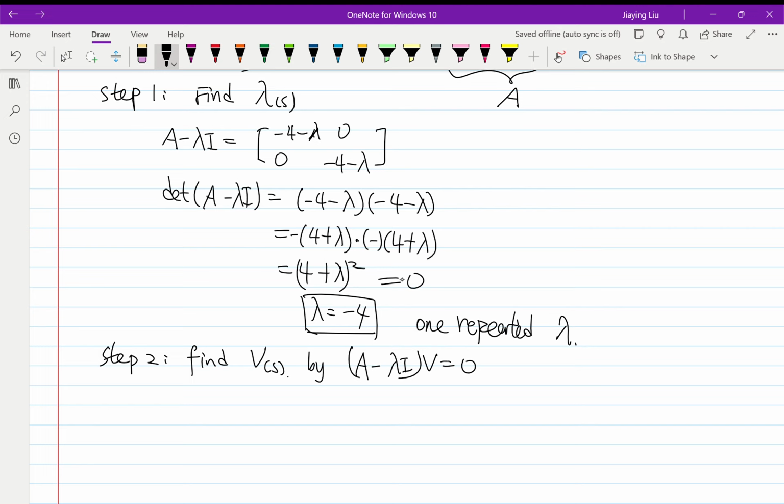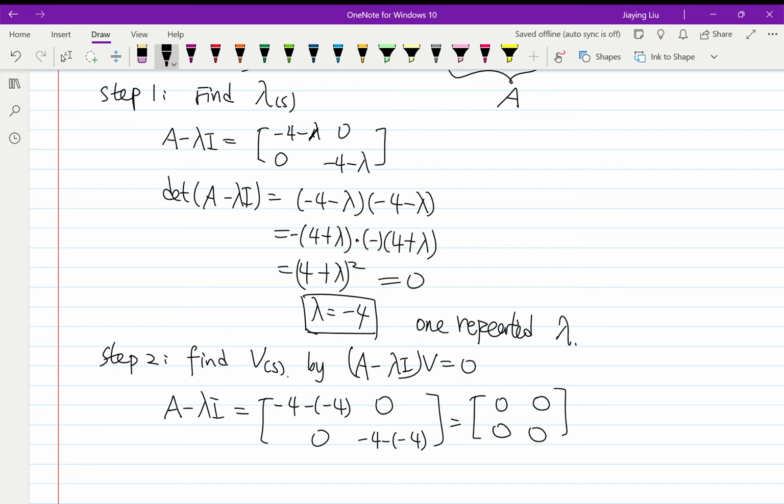So let's find A minus lambda I first. Take negative 4, put in there, so we get negative 4 minus negative 4, be careful there, 0, 0, and then negative 4 minus negative 4 again. So it turns out that this is just going to be a 0 matrix. There's 0 everywhere.